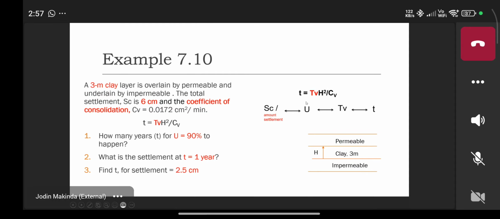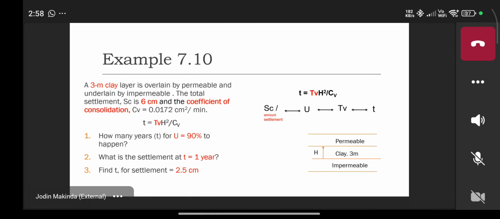SC, U, TV, T. Meaning that if you are given SC and you have to find time, you use SC to find U, then use U to find time factor TV, and use time factor TV to find time in that direction.